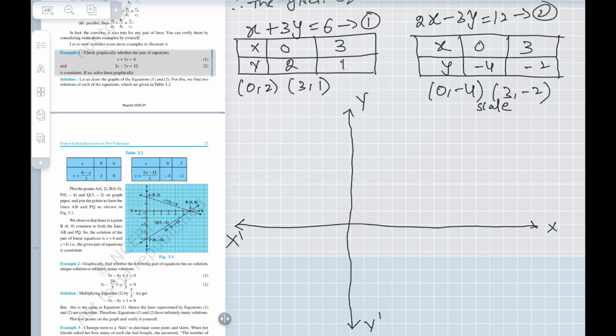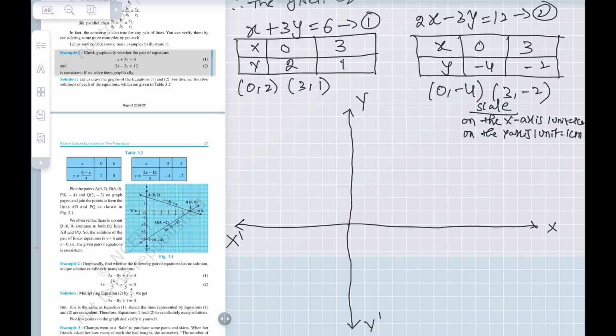Okay, on the x-axis, 1 unit equals 1 centimeter, and next on the y-axis, 1 unit equals 1 centimeter.